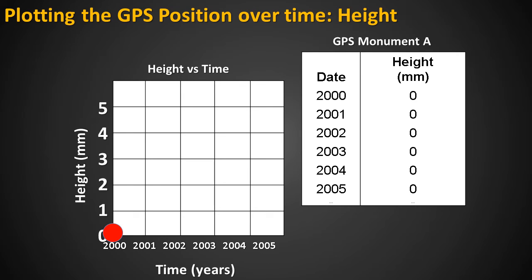We will next plot the points as they move in the vertical direction. Plot the first data point using time on the horizontal axis and height on the vertical axis. This first point goes here. Plot the rest of the data points like so.